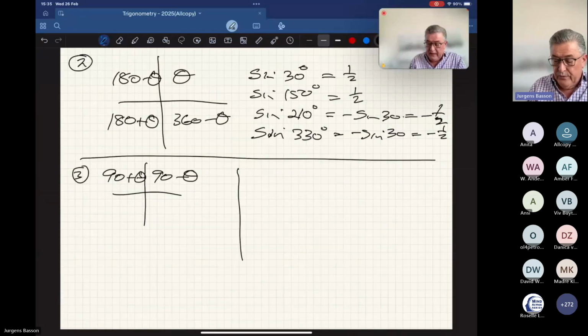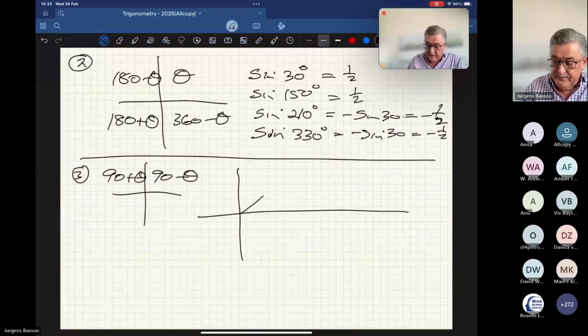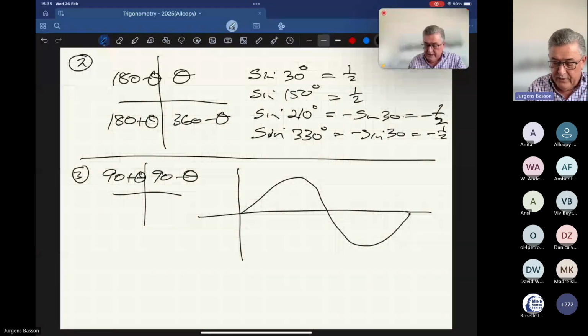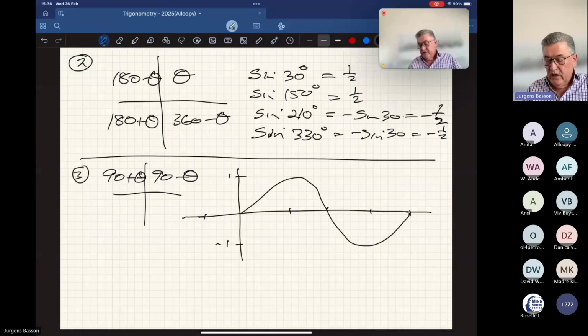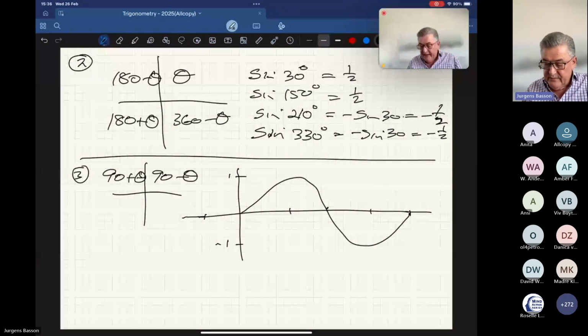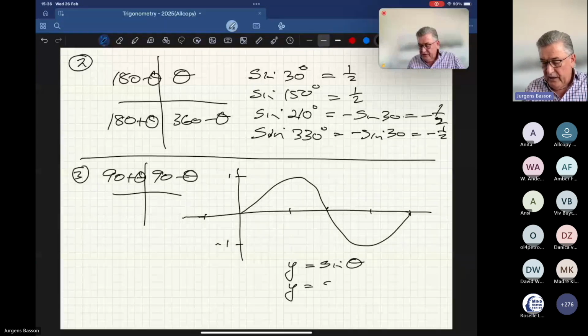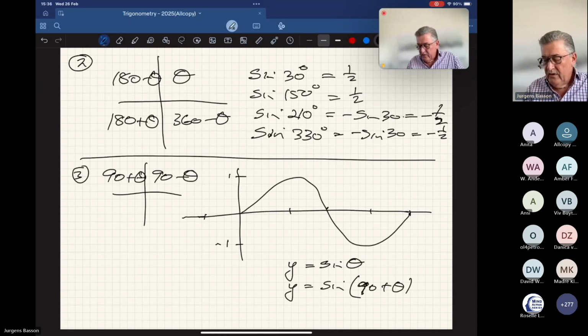And I'm going to draw the sine graph. There's the basic sine graph. 90, 180, 270, 360, up to 1 and down to minus 1, negative 90. So that is y equal to sine x or sine theta. Now what I would like to do is look at the sine of 90 plus theta, as a graph.